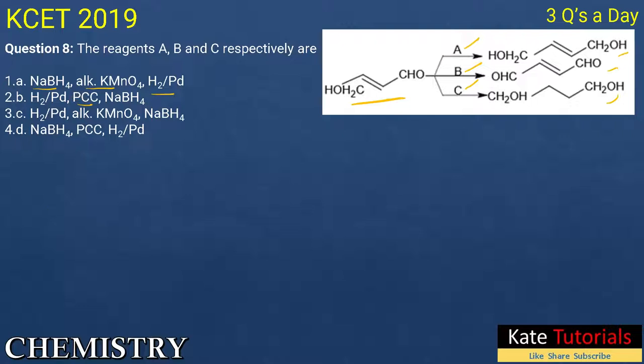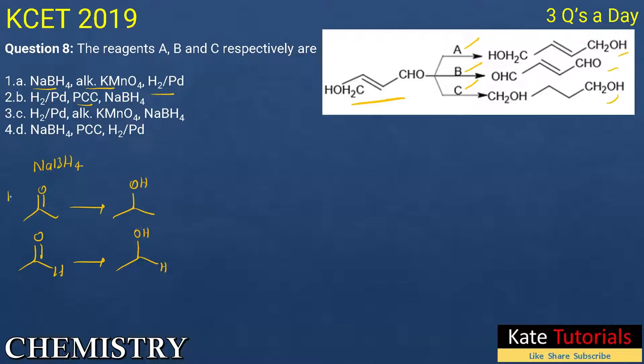Let me write it like this. NaBH4 converts ketone to secondary alcohol, and aldehyde, where H should be there, to primary alcohol.